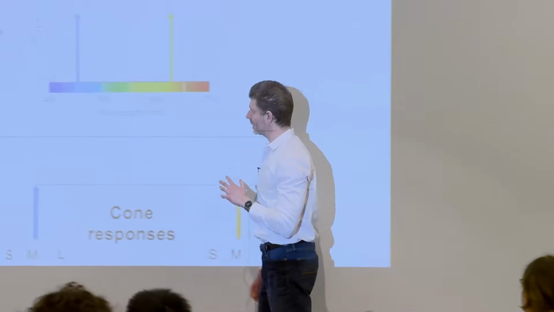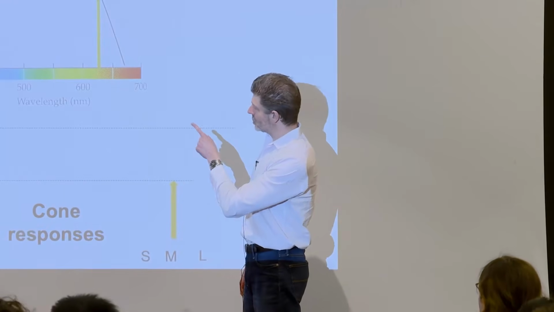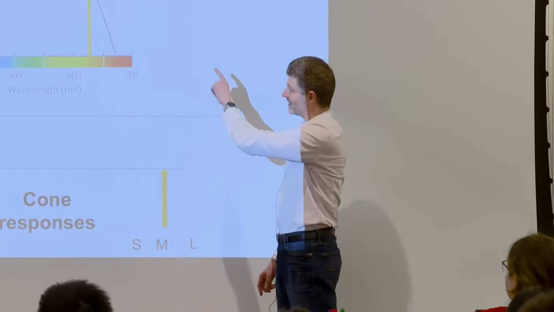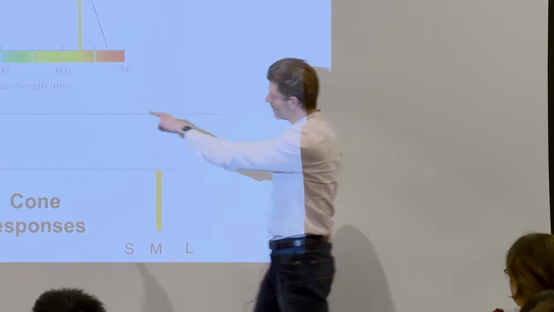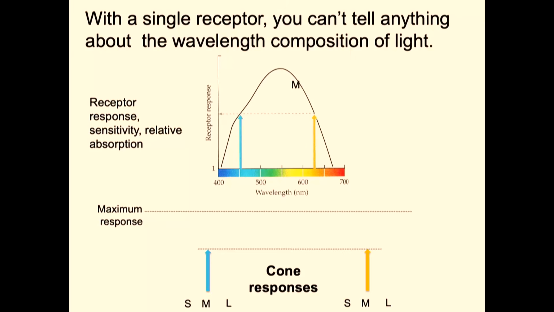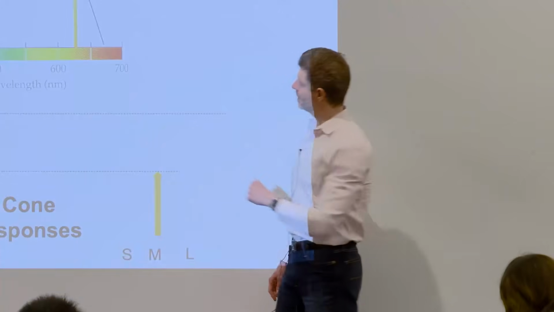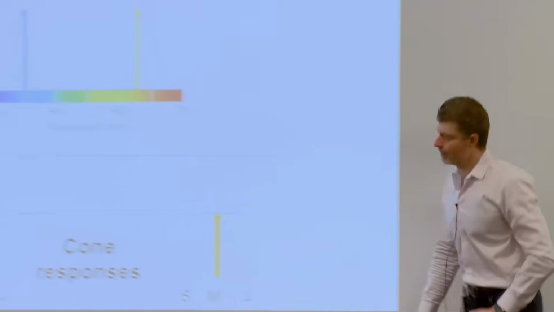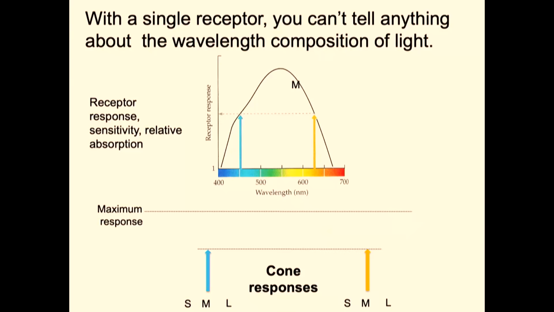The M cone has the same sensitivity to about 450 and about 625 nanometers, so you get the same response in the M cone. Even though these are two physically distinct wavelengths, you wouldn't be able to tell them apart.